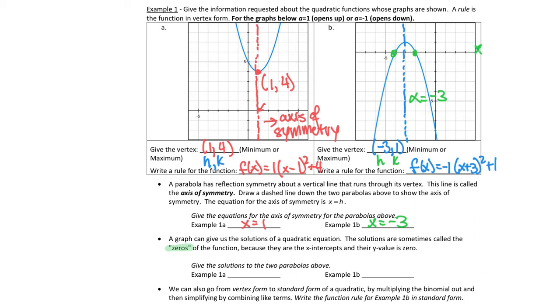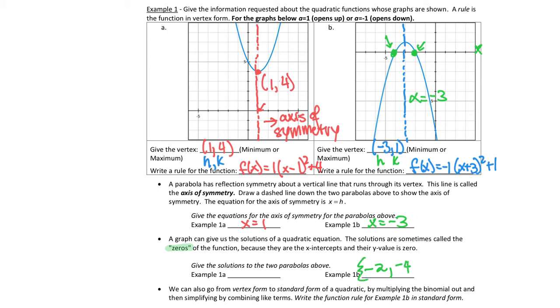So remember, this is my x-axis. I'm going to put 2 points on the parabola where it crosses the x-axis. So this first point, it says give the zeros. On the x-axis, that one is crossing negative 2. And then over on this side, it's crossing at negative 4.